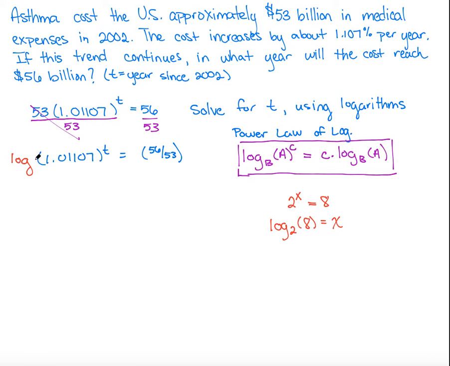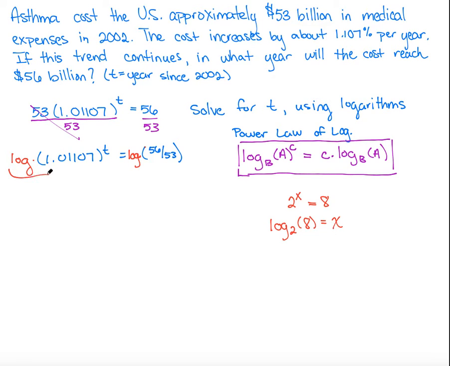I'm going to take the log of the left-hand side here, but since this is an equation, remember that whatever we do to one side of the equation, we also have to do to the other side. So I'm also going to take the log of 56/53. What's nice about the expression on the left-hand side is that we've got the log, think of this as base 10, of this number raised to the t. We can rewrite this by applying the power law, as the power times the log base b of a.